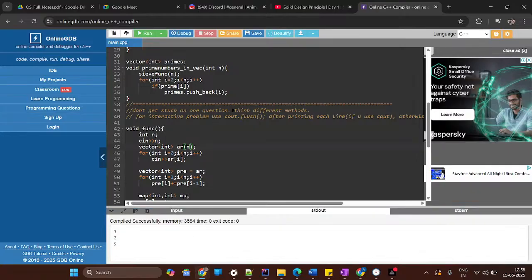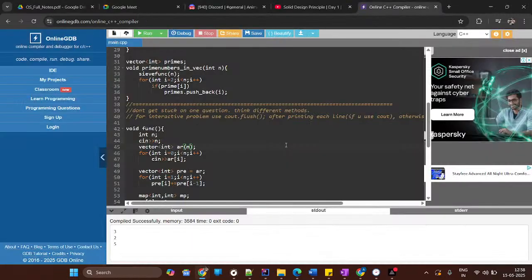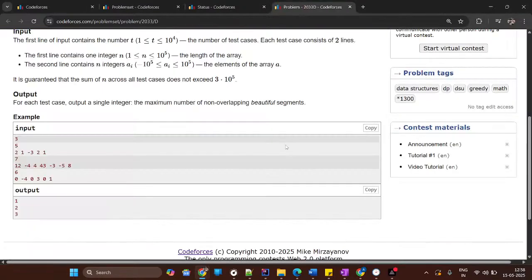Okay. 3 to 5. What is, hmm, 1, 2, 3? Okay, doesn't really make sense. Well, it printed 3 to 5. Why is this 3? Okay, let's check. So the prefix is 2, 1 minus 3.